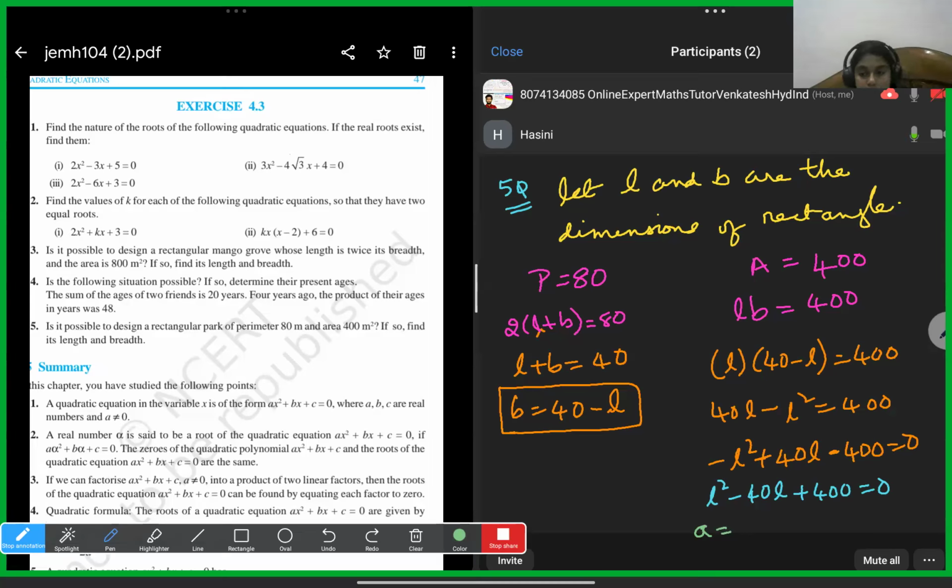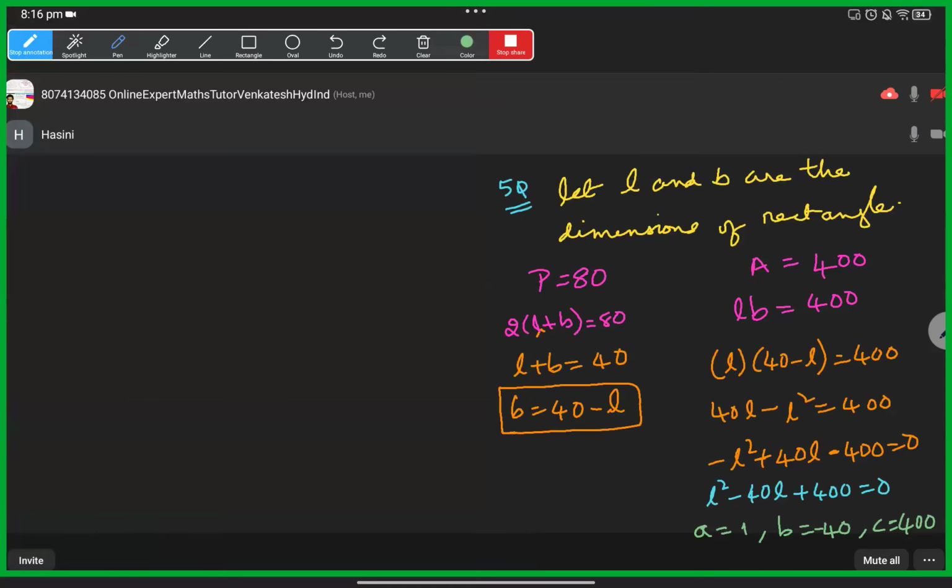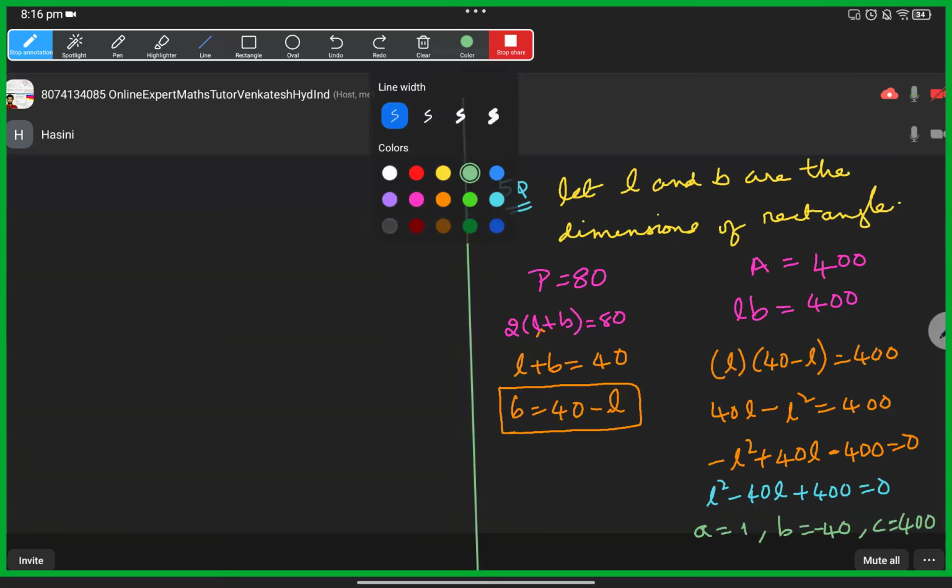So comparing with ax square plus bx plus c is equal to 0, a is equal to 1, b is equal to minus 40, c is equal to 400. Now I will substitute.